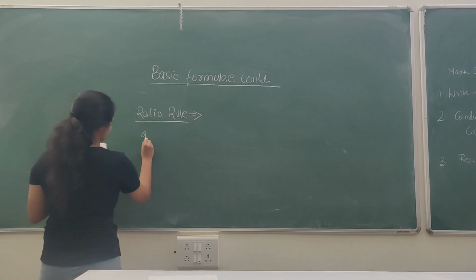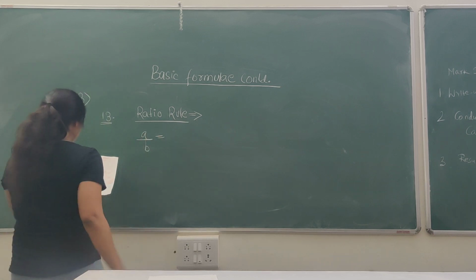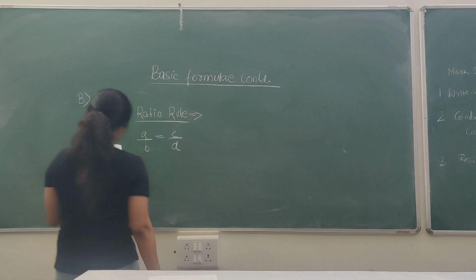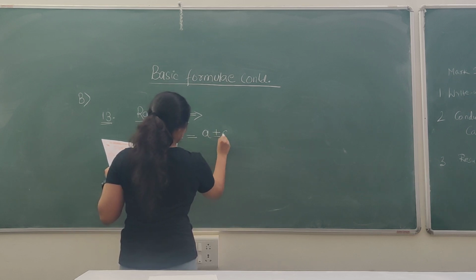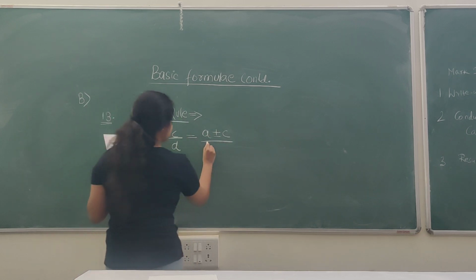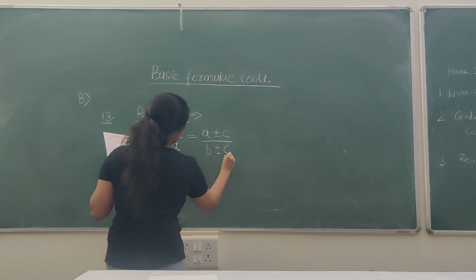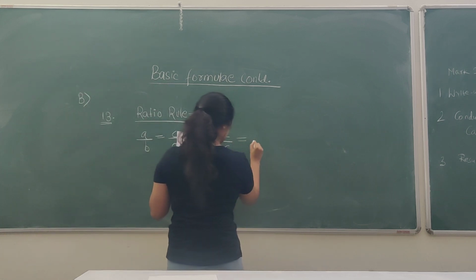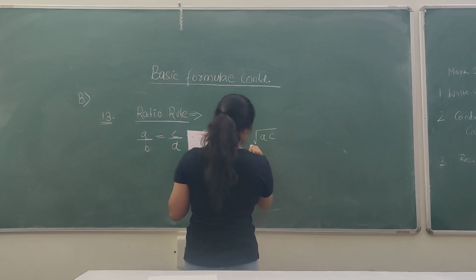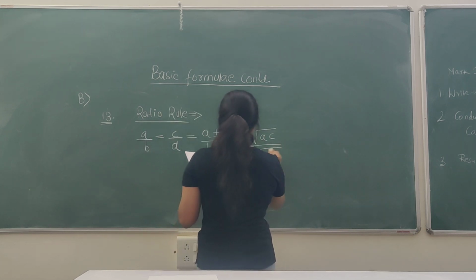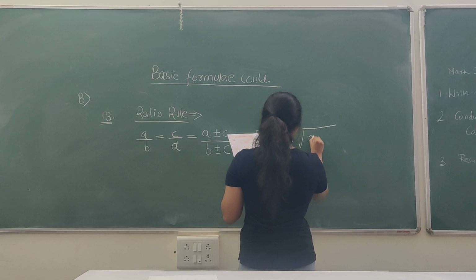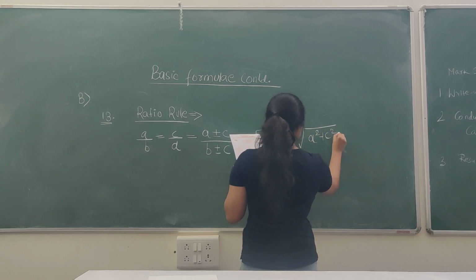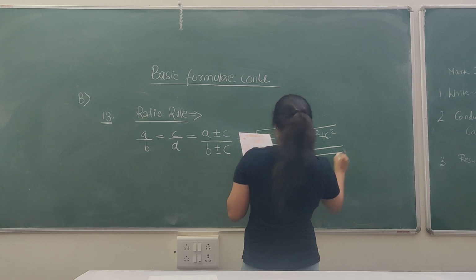A by B is equal to C by D equal to A plus minus C upon B plus minus D. Please correct here, it should be D, which is also equal to under root AC upon under root BD, which is also equal to under root a square plus c square upon b square plus d square.